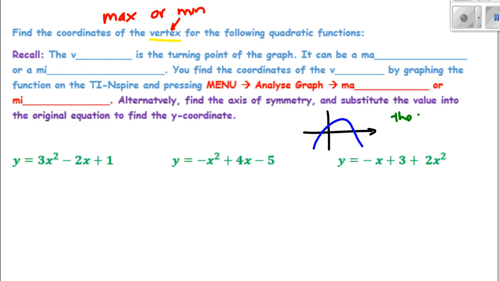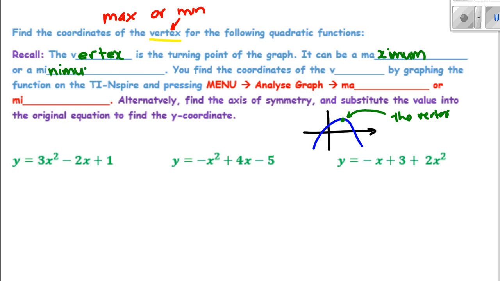It's just a mathy word for the turning point of the graph. It could be a maximum, or if it's the other way around like this, then it's a minimum. Find the coordinates of the vertex for the following quadratic functions. Recall, the vertex is the turning point of the graph. It can be, as we just said, a maximum or a minimum.